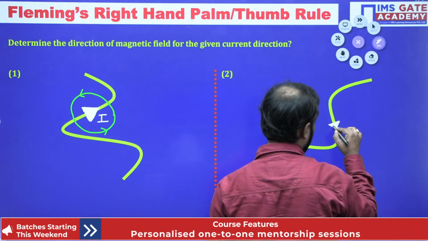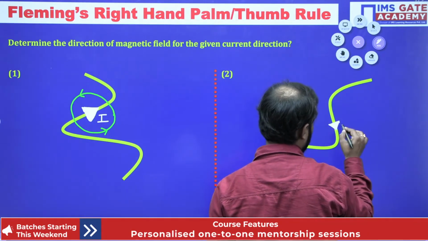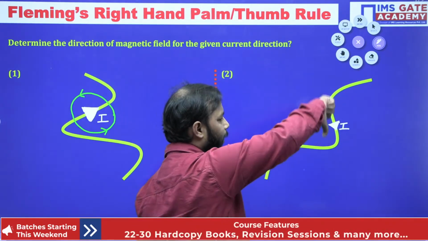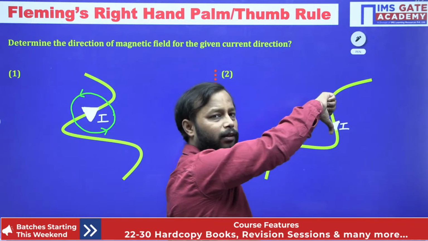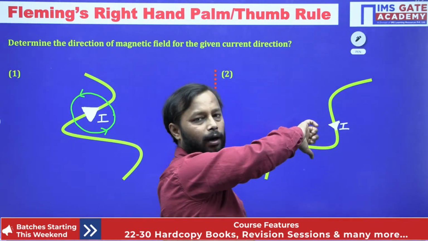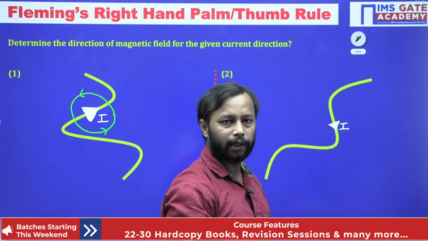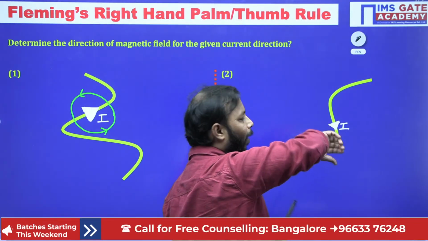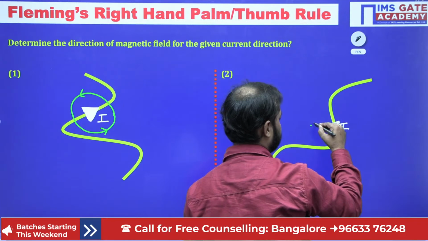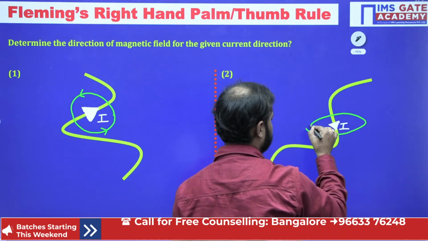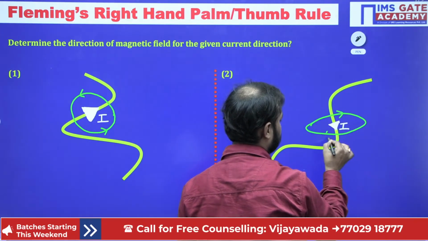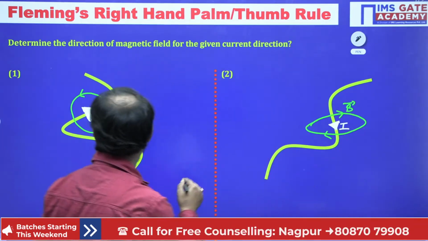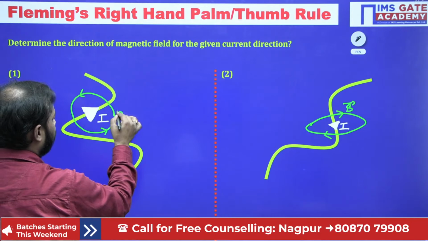This is the current, and this is I. So the direction of current in this case is downward. So point the thumb, then this forefinger will give the direction of magnetic field. It will be like this, in a clockwise manner. This is the magnetic field direction and here also the magnetic field direction.